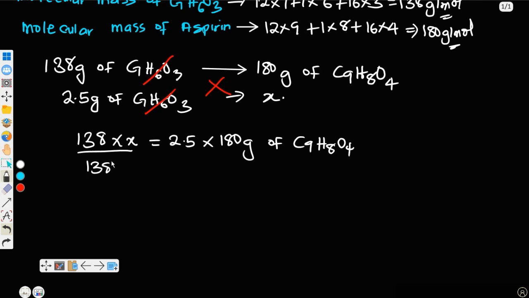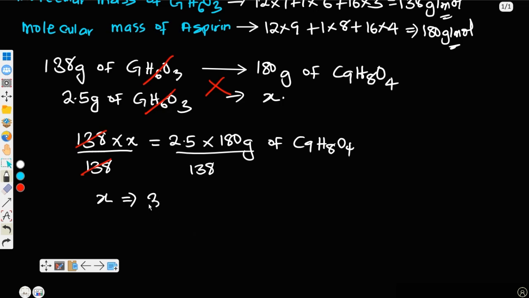Divide both sides by 138, so that this will cancel this, and your x will be equal to 2.5 times 180 divided by 138.